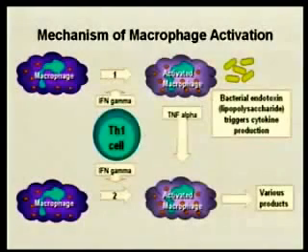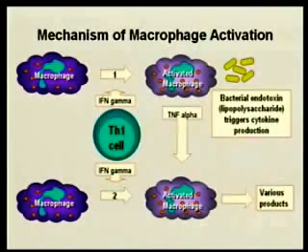Shown here is another cartoon basically showing you these two different ways of activation. T helper cell, after seeing an antigen in context with MHC class II, will produce interferon gamma. Interferon gamma in combination with, for example, a bacterial endotoxin such as LPS can lead to the activation of this macrophage.